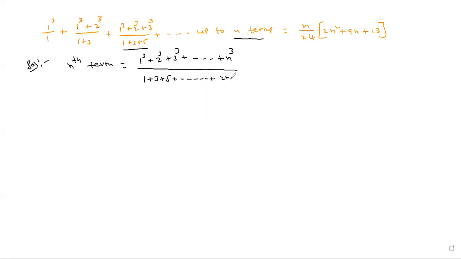You can write the last number as 2n minus 1 or 2n plus 1, according to order. The last term will be 2n minus 1. 2n minus 1 is the representation of an odd number.